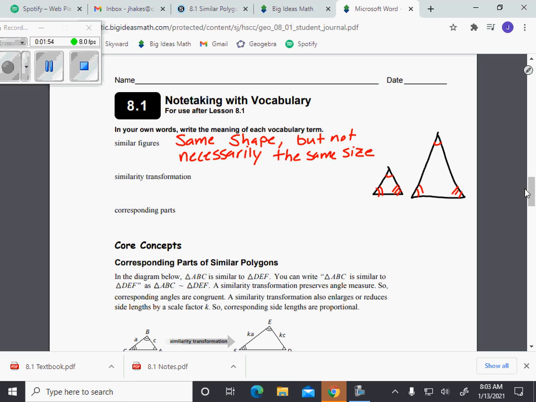Similarity transformations. A similarity transformation is a dilation, or a composition of rigid motions and dilations.